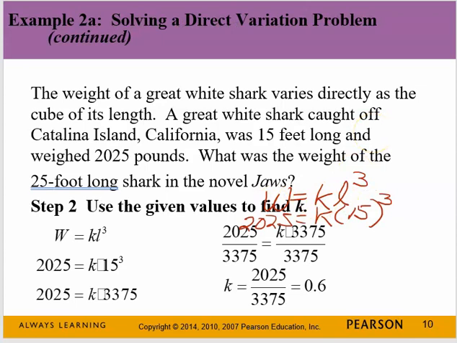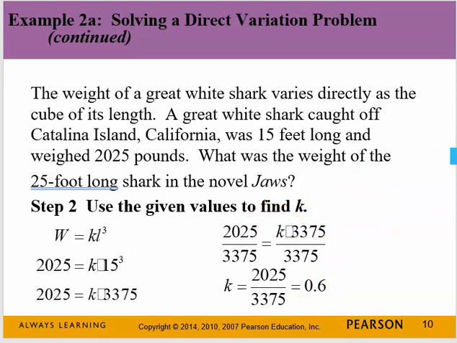So substituting into the equation, we got 2025 equals k, 15 to the third power. Now they've worked that out for us. 15 to the third power is 3,375. We're going to divide both sides by that, and then we solve for k, and k is 0.6. So what do we do now?